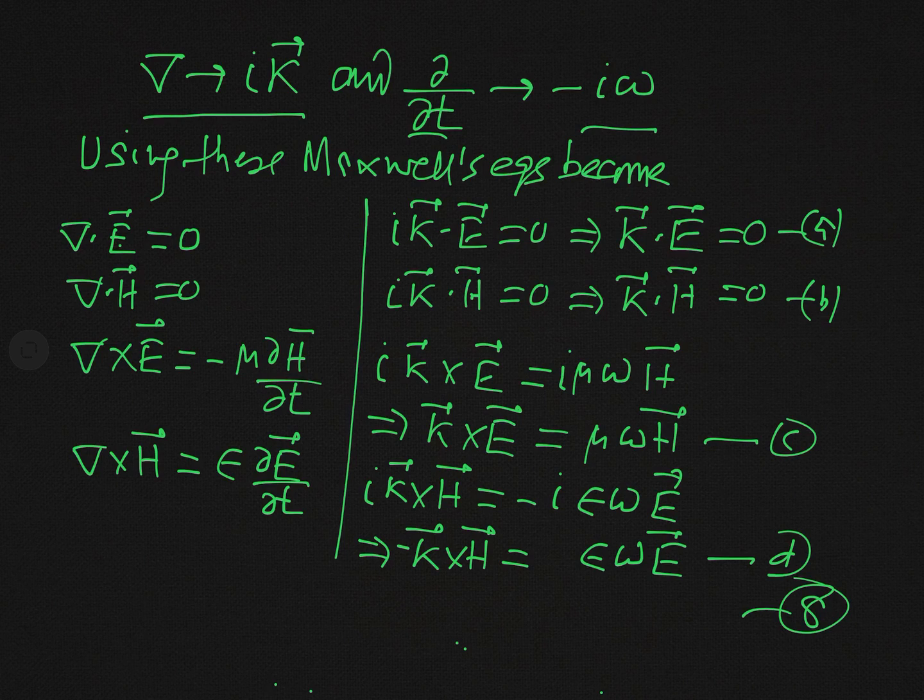And now in the next lecture we will see that the discussion of different properties of electromagnetic wave traveling in isotropic dielectric medium will be very convenient, very easy by the use of this form of Maxwell's equations.